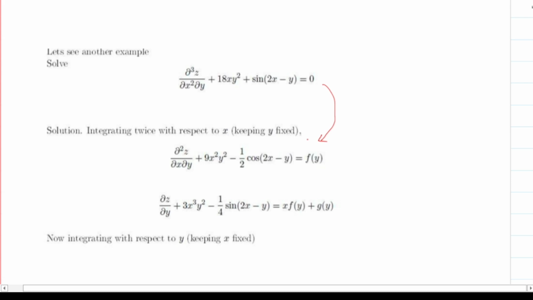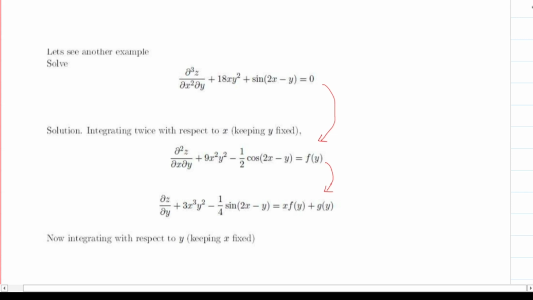Since we are integrating with respect to x, we keep f of y. Now integrate again with respect to x, which gives ∂z/∂y plus 3x³y² minus 1 by 4 sin(2x minus y) is equal to x into f of y plus g of y. Again we are integrating with respect to x, we put a constant as g of y.